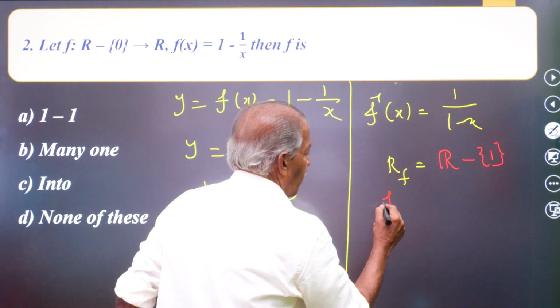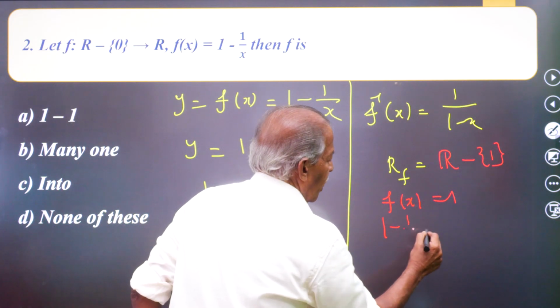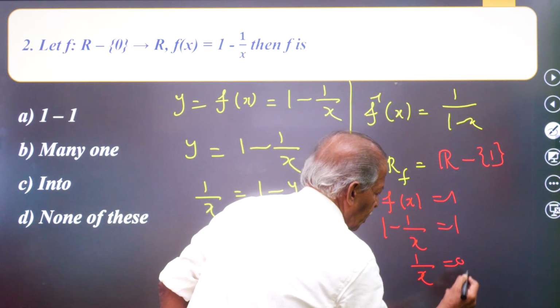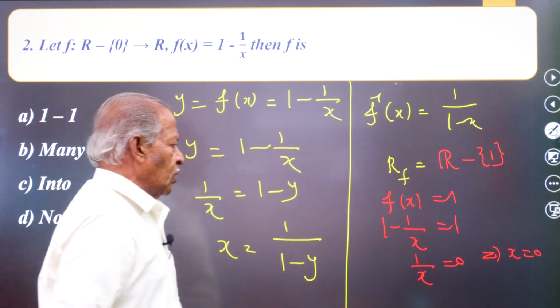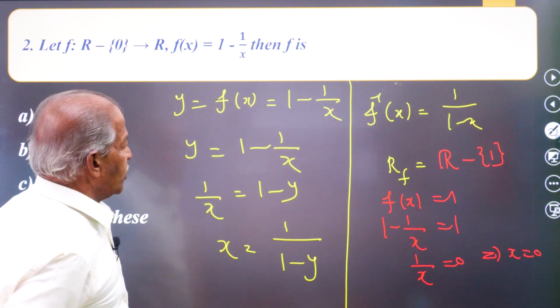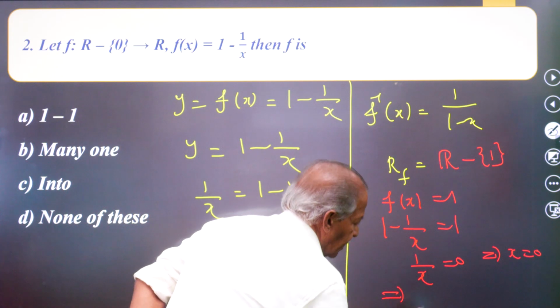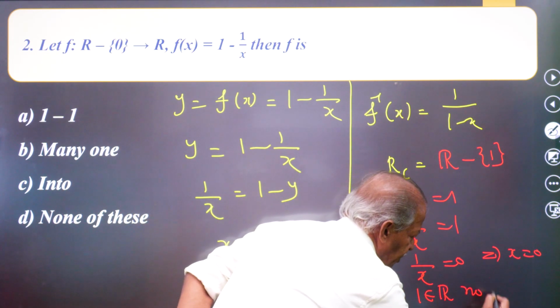That is, f of x equal to 1. Then 1 minus 1 by x equal to 1, which implies 1 by x equal to 0. This implies x equal to 0. x equal to 0 is not possible. 0 is excluded. Therefore, 1 belongs to the codomain but has no pre-image.